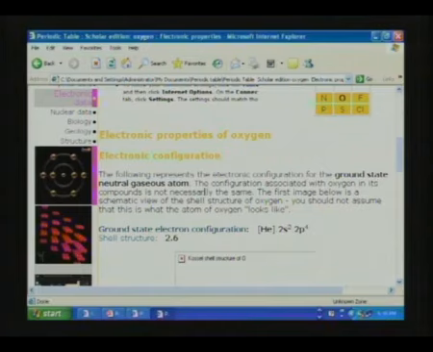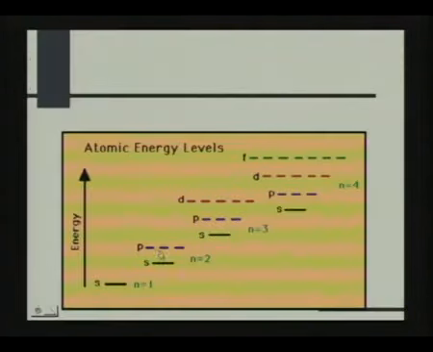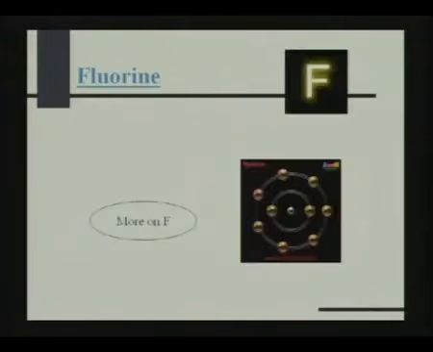Okay, first px, py, pz. Then for nitrogen, another electron will enter the pz. Boron, carbon, nitrogen it becomes. Then for oxygen, one more electron enters the px level. Okay, so here the pairing occurs first.